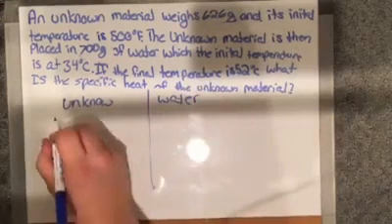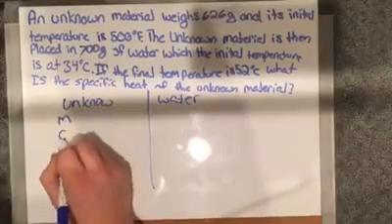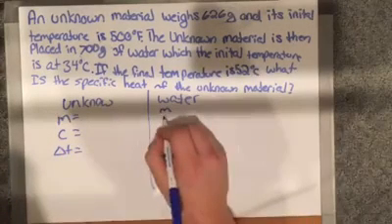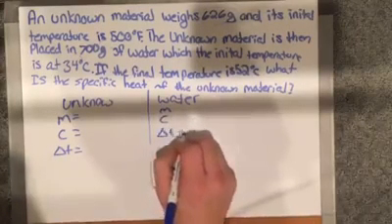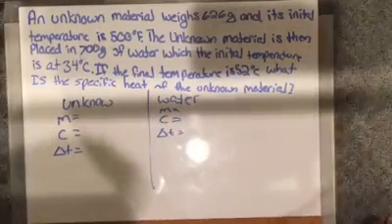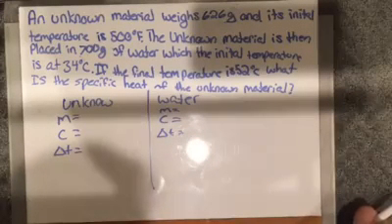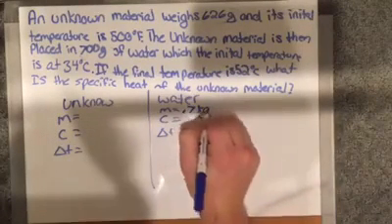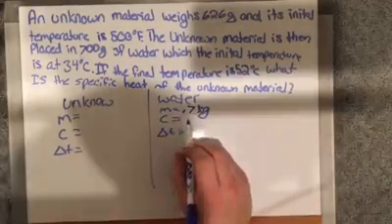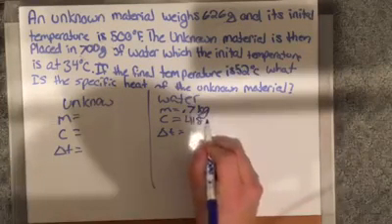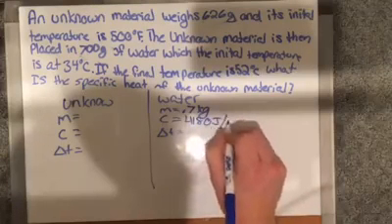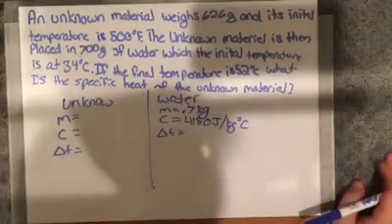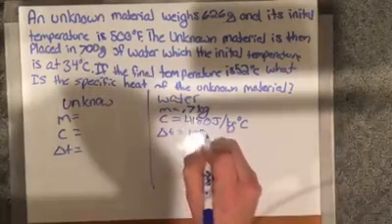And for each one, we're going to do the M, C, delta T. For the water, we know that the mass is going to be 0.7 kilograms. Specific heat, we know for water is 4,180 joules per kilogram degrees Celsius. And for our temperature change, it's going to be 18 degrees Celsius.